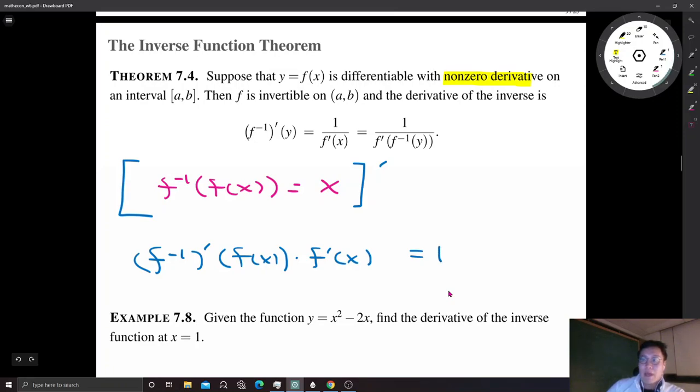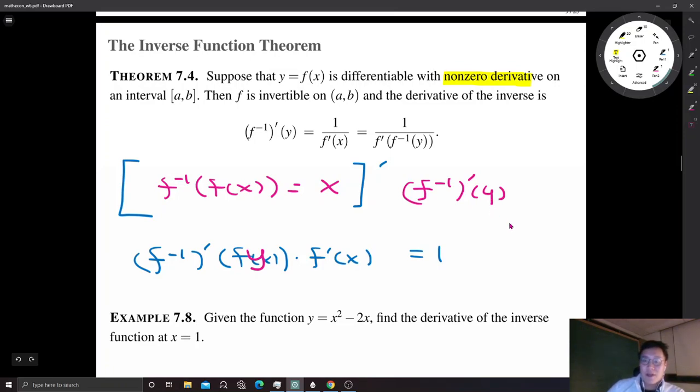Yeah? And then f of x, that is just y, the output y. So consequently, the f inverse derivative, the argument is y, yeah? The original output of the function f of x. Yeah?